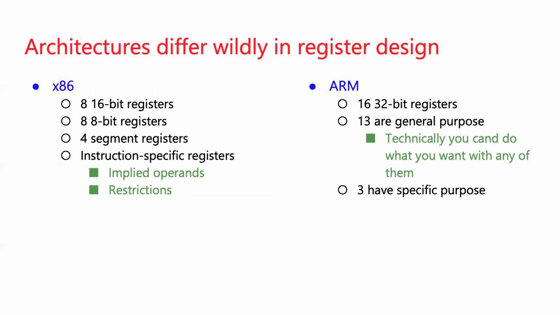If I asked you about the x86, at least for the 8086, you would say, well, it's got a bunch of different registers. It's got 8 16-bit registers, and at least some of those you can think of as being 8 smaller 8-bit registers if you want to use them that way. And it's also got some segment registers for accessing memory. And it's got instructions and addressing modes that can only use particular registers in particular ways.